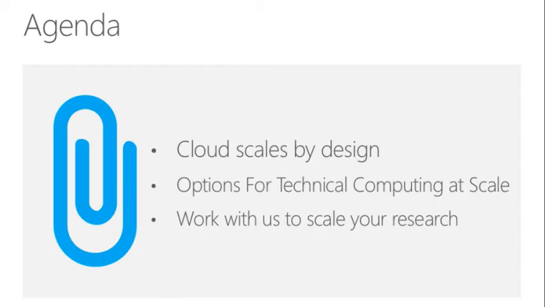The second part of the webinar here is to look at some of the options for technical computing at scale on Windows Azure, or Microsoft Azure, as we have just renamed it. Some of these options are for running executables that you compile yourself and optimize, and that also includes Matlab and R, which are very popular for people who are doing technical computing or machine learning or any type of statistics work.